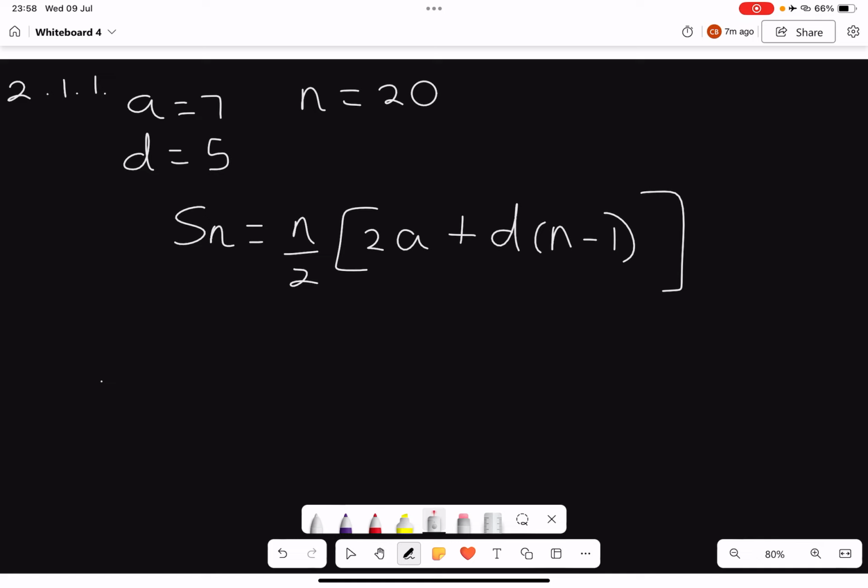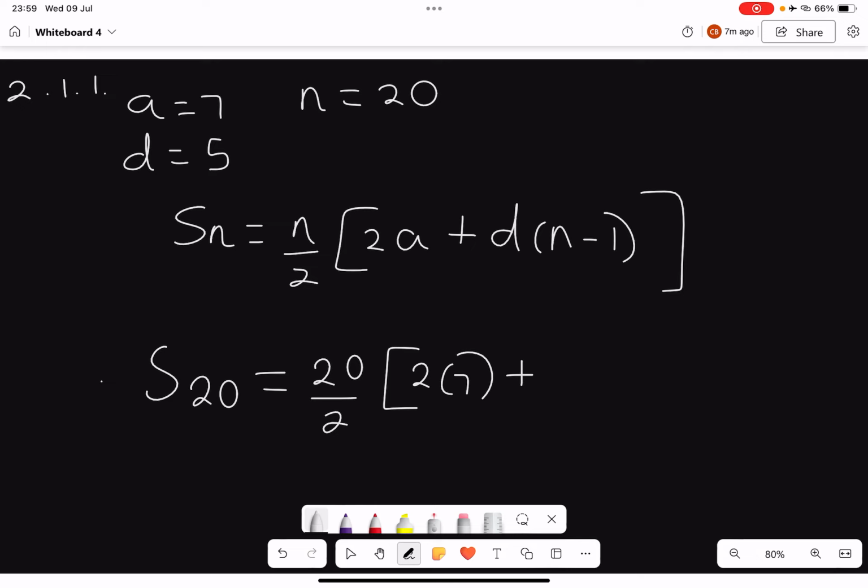Now we can plug in. S20 would be 20 over 2, times (2 times 7 plus 5 times (20 minus 1)).